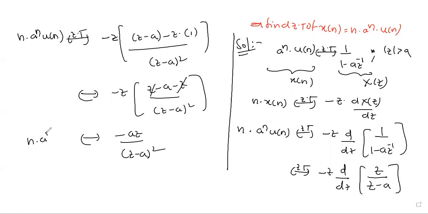That is the z transform of n into a power n u of n. Still, if you want to write in z powers, take z common in both numerator as well as denominator.